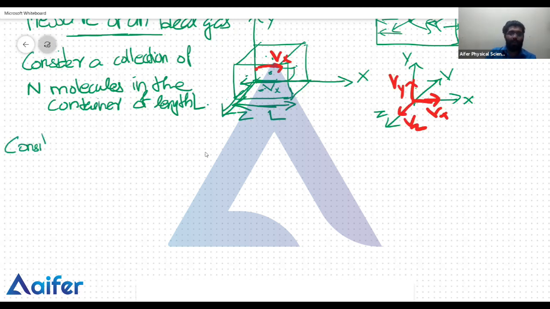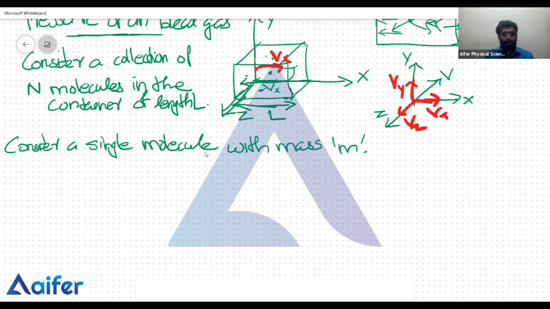Consider a single molecule with mass small m, which is moving with the velocity v. What is the velocity?